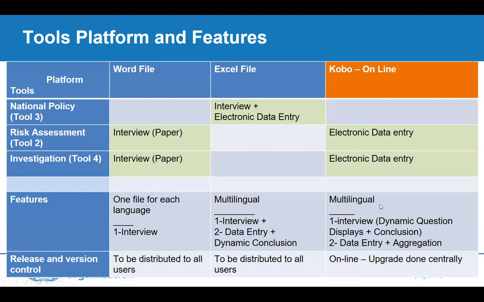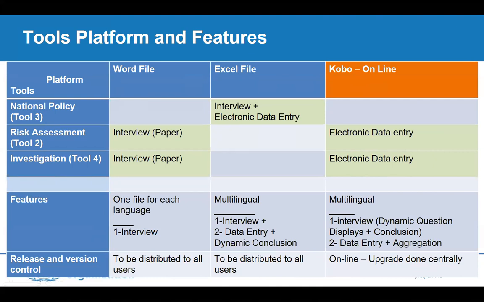I've already shared with you the features of each of them. At least one is that, should there be a need to change or update the tool with the Word and Excel file, we have to make sure that all the people assigned to use the tool get the new version.